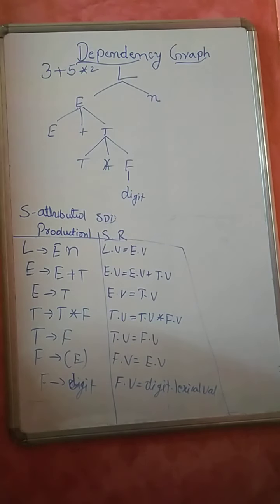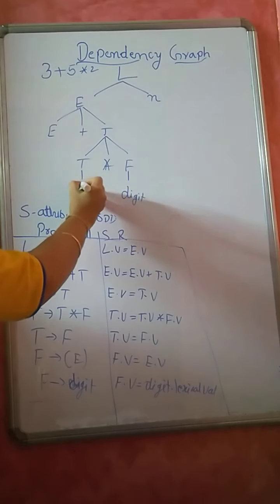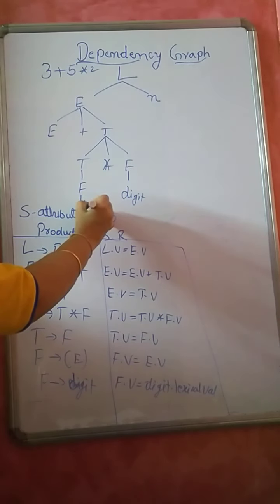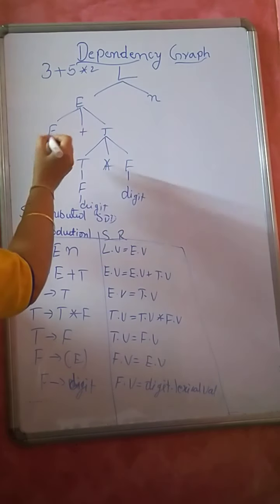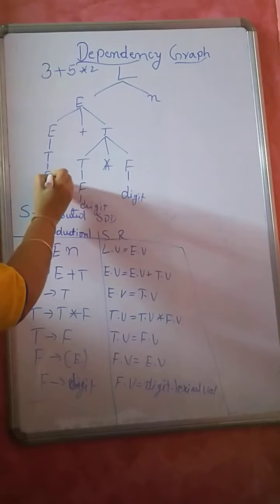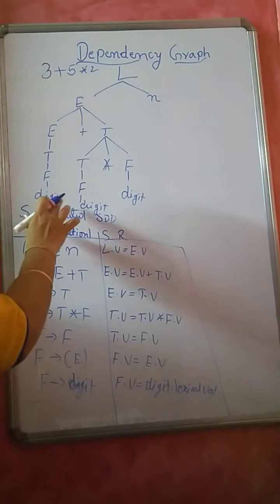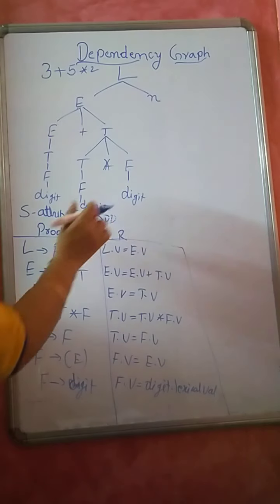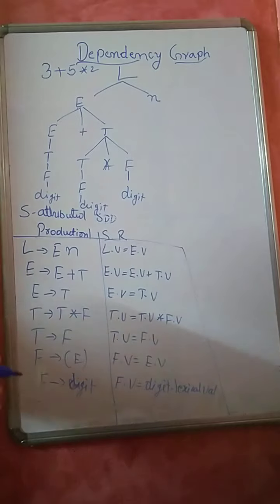F determines digit. Then T determines F, F determines digit. E determines T, T determines F, F determines digit dot lexical value. So this is 3, this is 5, this is 2, 3 star 2. This has to be done.